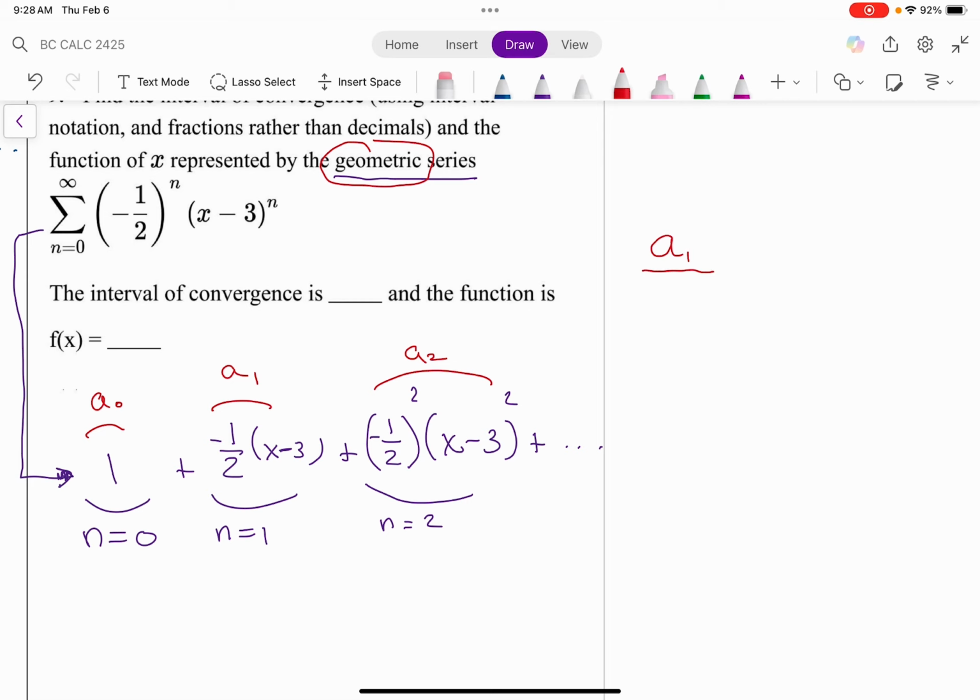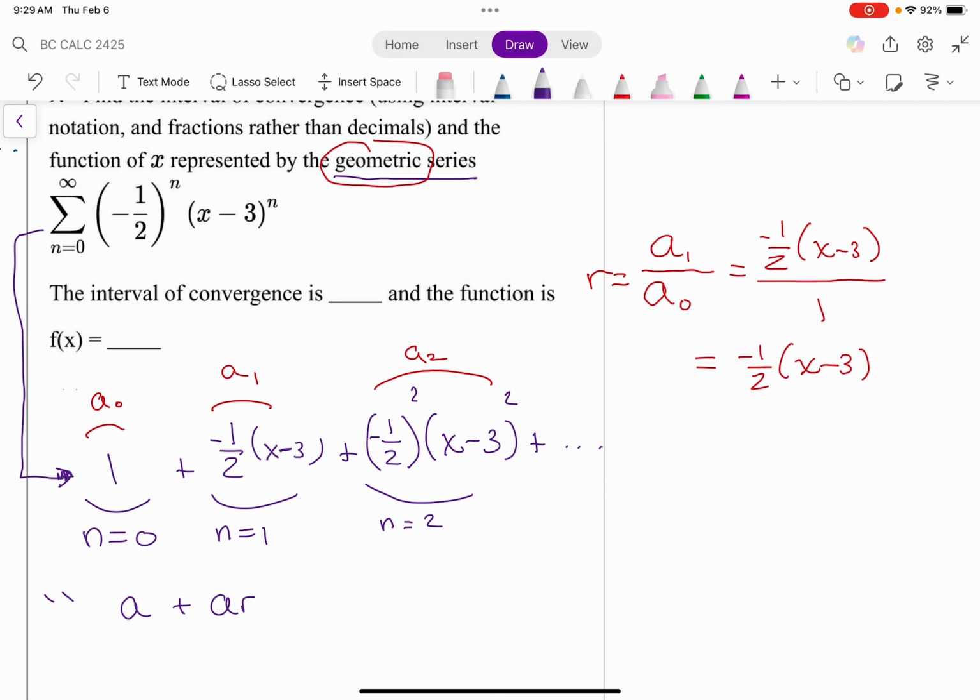So if I take the first term and divide it by the 0th term, for example, you may see this at a glance, but if you don't, just always take any term and divide by the one before it. So that tells us that our common ratio is negative 1/2 (x minus 3).